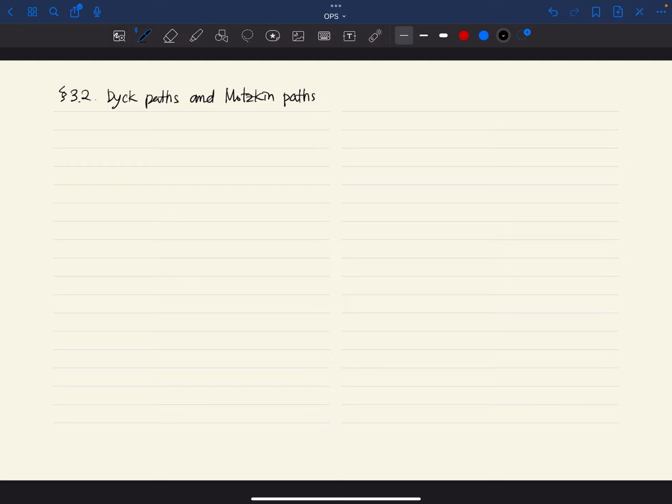First, there are examples of lattice paths. So we will define a lattice path first.